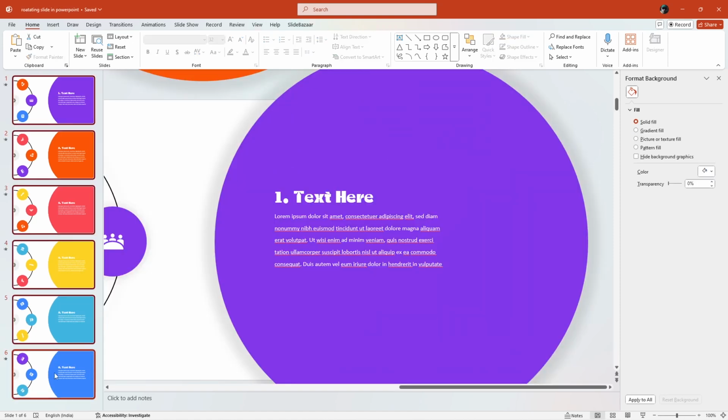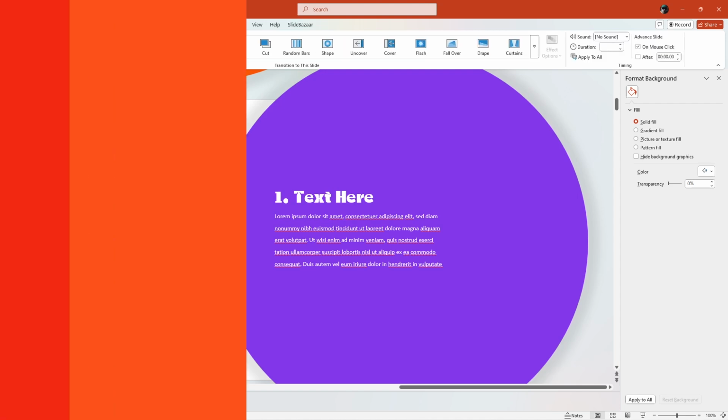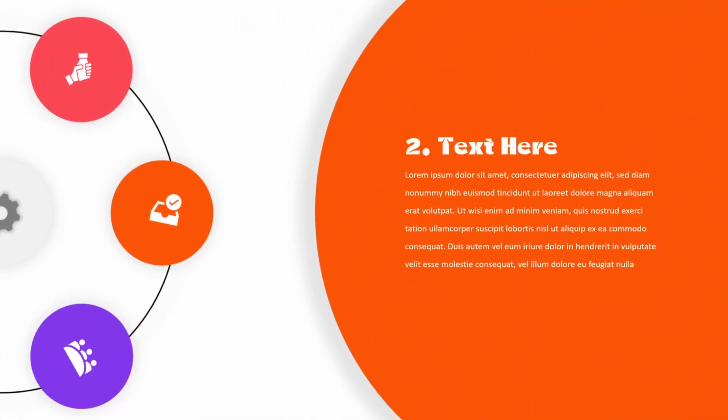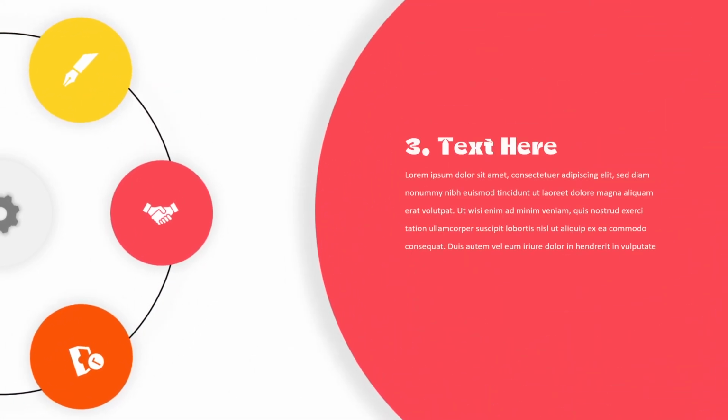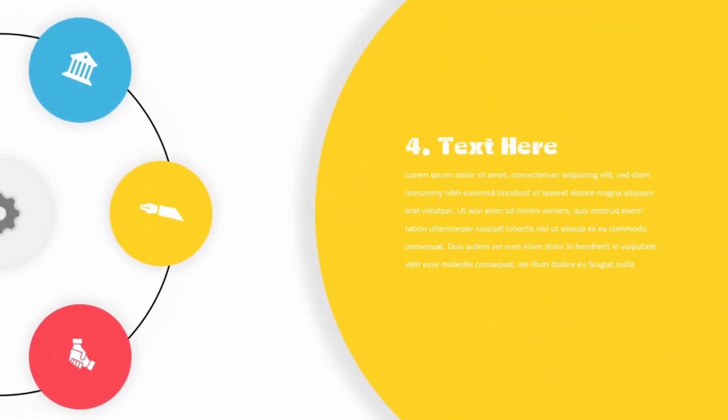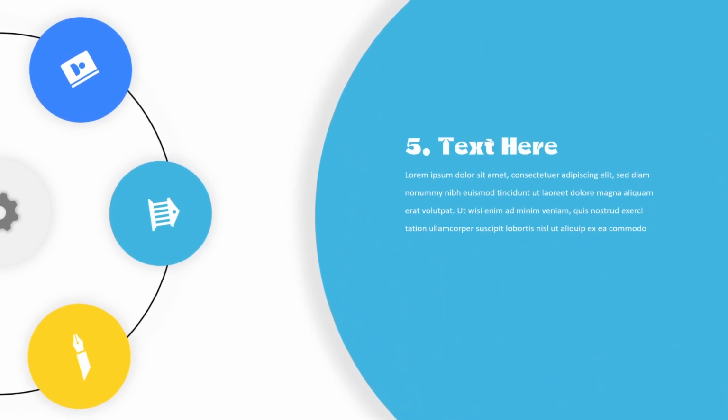Finally, select all the slides on the left and select Morph Transition to get this. So there you have it, a very easy to create slide in PowerPoint with a beautiful circular animation.